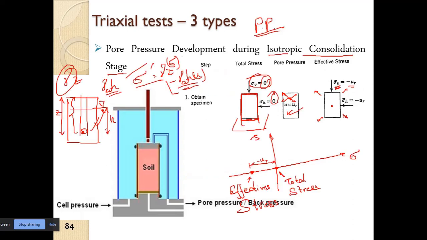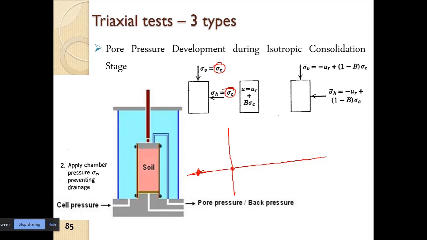This is the effective stress and the total stress we have here. Now we apply the cell pressure, the total cell pressure, starting from 1 kPa, 2 kPa, 3 kPa, and so on. We go on incrementing the cell pressure.